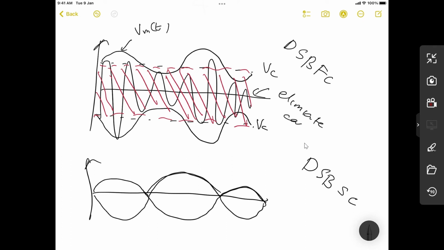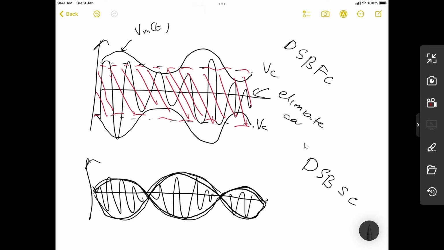Because the carrier isn't there, this is actually your VM. And the one inside is actually the lower sideband and the upper sideband. This is lower sideband plus upper sideband, and this is your VM. So it will go into this original zero reference line.